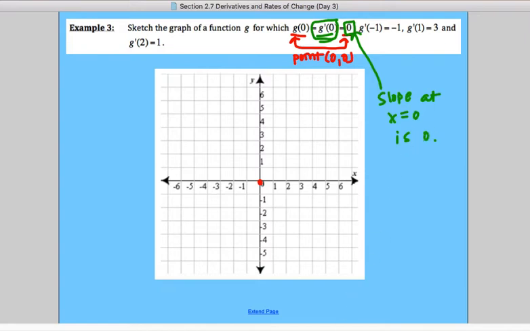The next piece of information, I'm just going to write down what the rest of them mean. We got g prime of negative 1 equals negative 1. So when it's talking about g prime, I know it's talking about slope. So my slope at x equals negative 1 is negative 1.